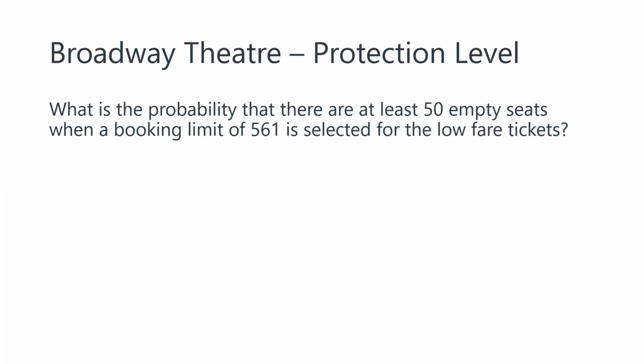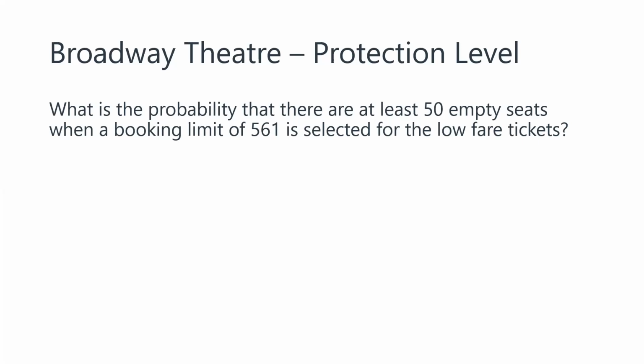It tells you at least 50 seats. It tells you the booking limit is 561. You need to figure out your protection level. Your protection level is your capacity minus the booking limit: 1761 minus 561, I got 1200 for the protection level.